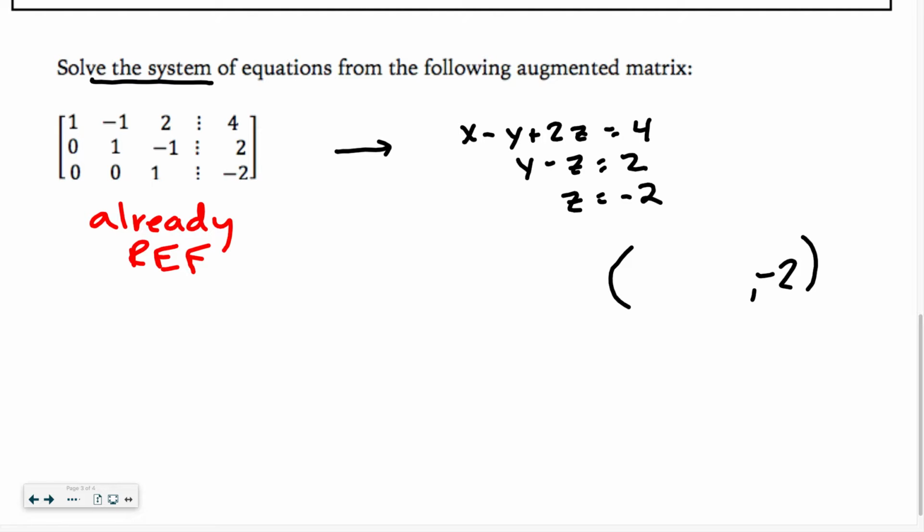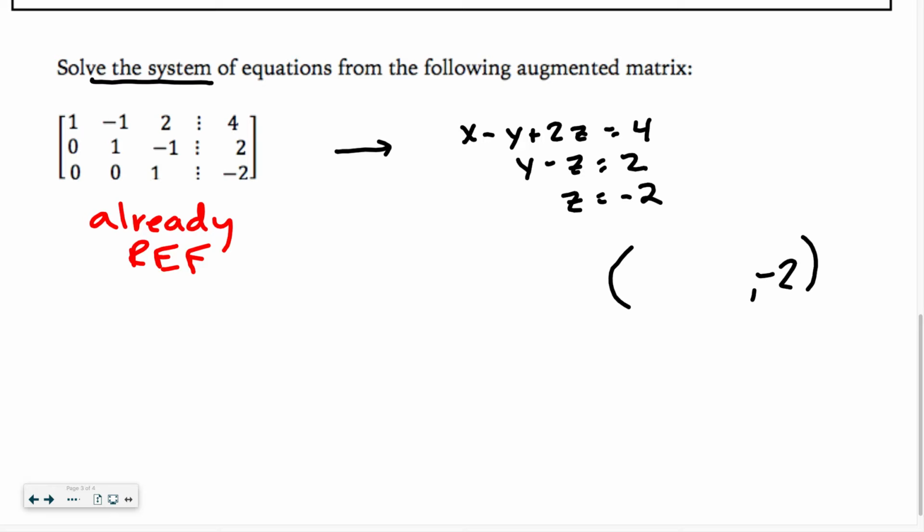So in reduced row echelon form, wouldn't we know what all the variables are? Yes. I'm going to talk about reduced row echelon form tomorrow, but I'm not going to say a whole lot about it today other than what I defined. So I'm moving on and I'm doing this problem right here. Okay. So z is negative 2.